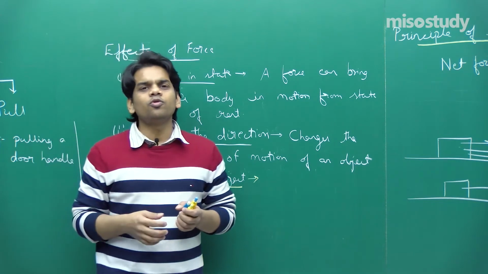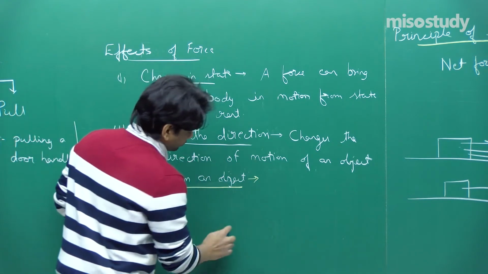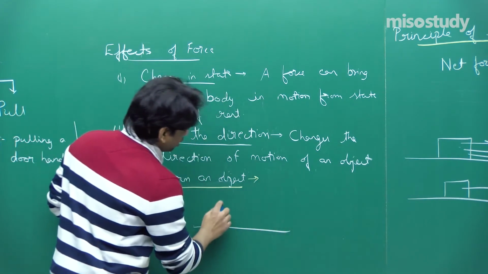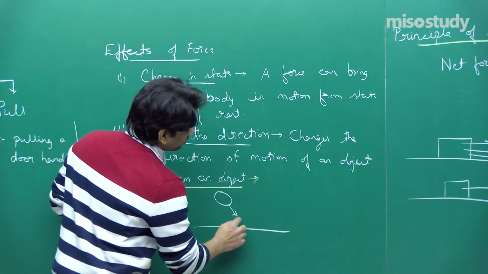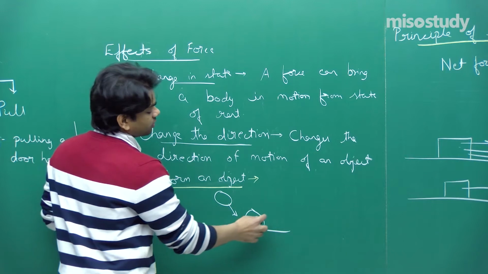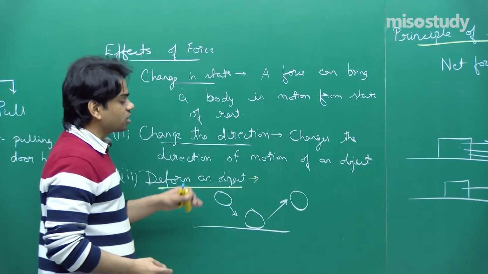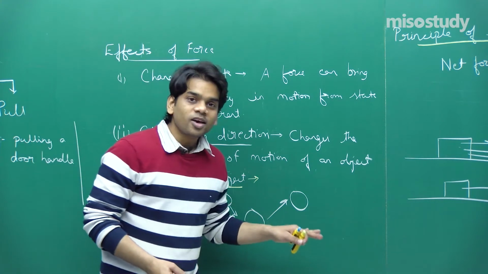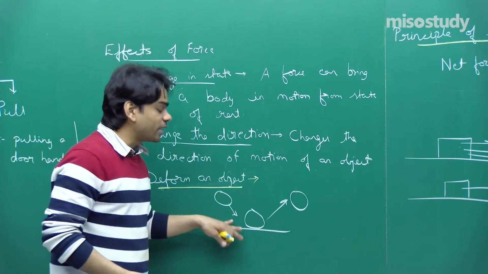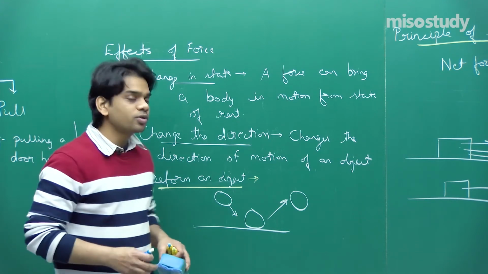For example, if a ball strikes the ground, its shape gets deformed for the instant it is in touch with the ground. Later on it rebounds and regains its original shape. So that's the effect that force can cause by deforming the shape of a ball.